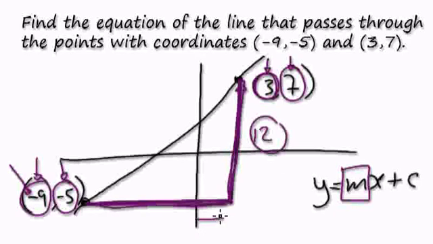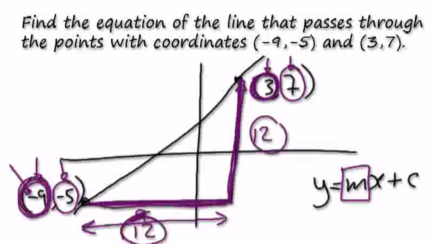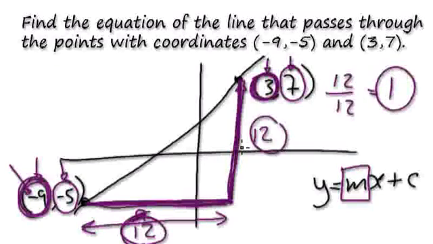It's going to be 3 across and 9 down here, so 3 plus 9 is 12. It's 12 up and 12 across, so the gradient is 12 over 12, which is 1, and it's a positive gradient.